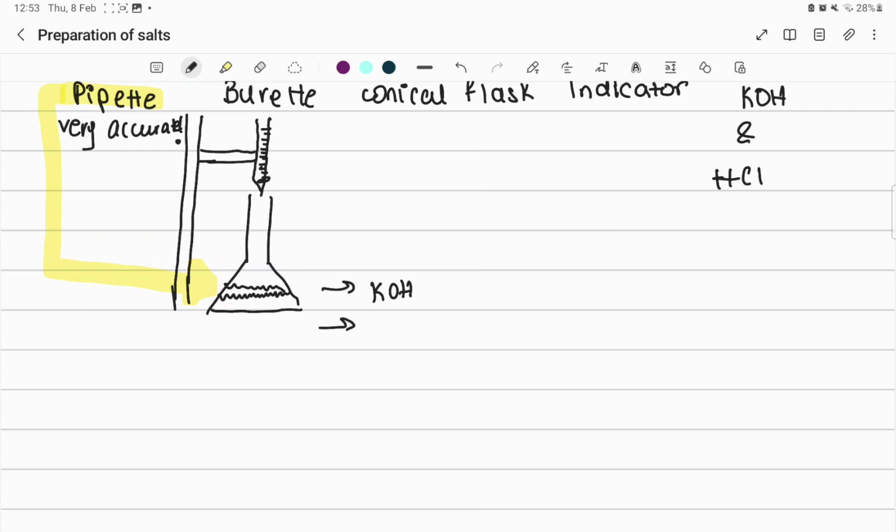However, I do not think that it will be used for this particular experiment, but you should know that thymolphthalein is colorless in acid and it's blue in alkali or base. I'm going to be using litmus over here. You're going to have your litmus solution indicator, which is currently blue because the potassium hydroxide solution is basic and therefore it's going to be blue right now.